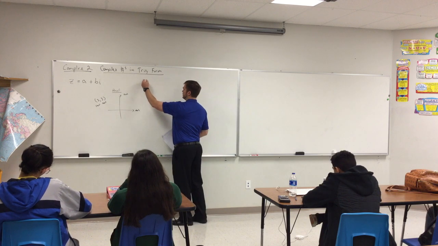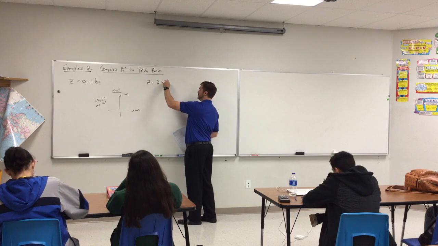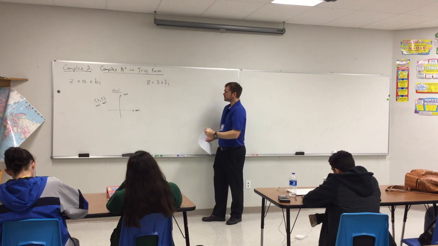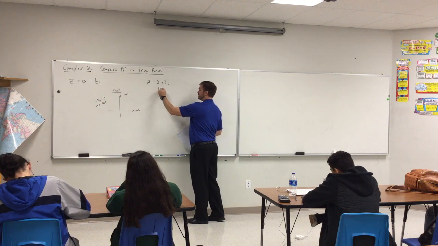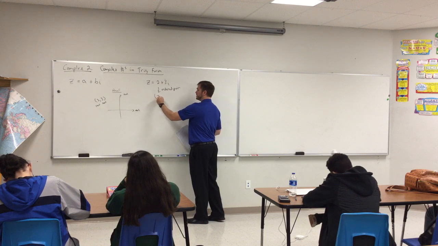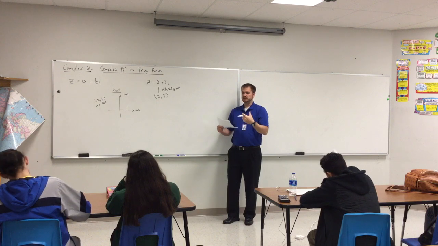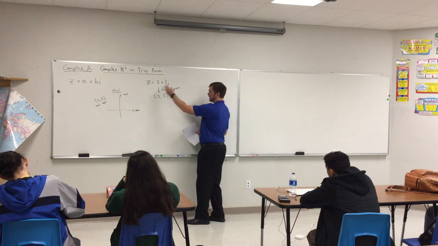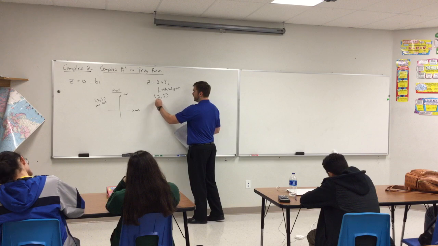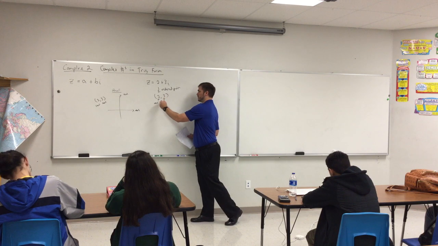But what we're going to do is, let's say I have the complex number 2 plus 3i. I can turn that into an ordered pair, 2, 3, but in this case, this number corresponds to the real part of that number, and this corresponds to the imaginary part.